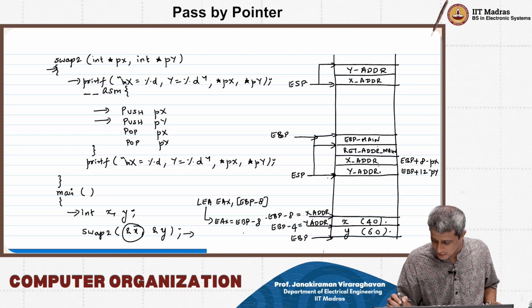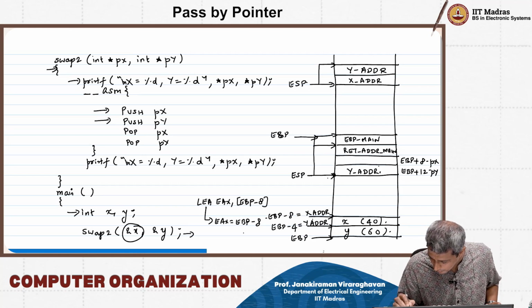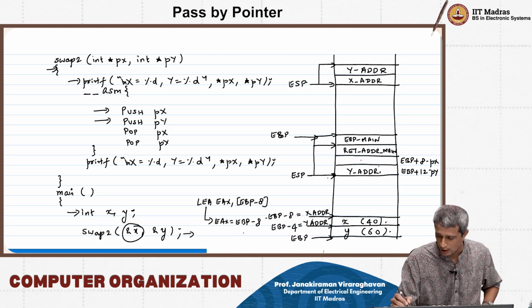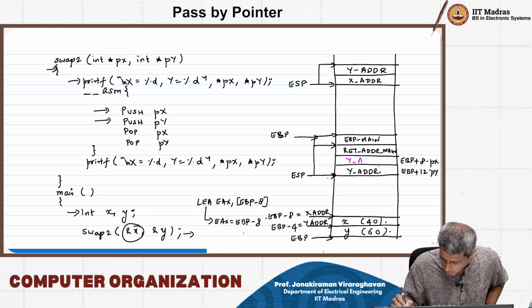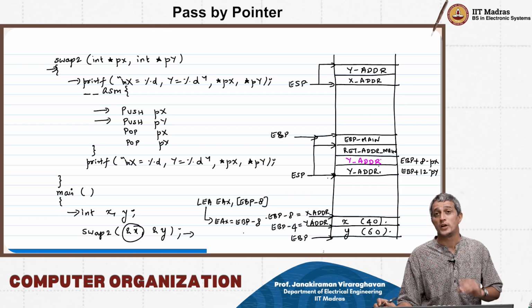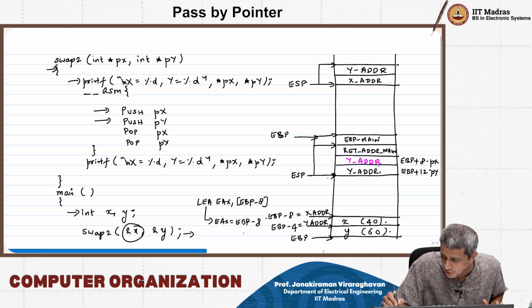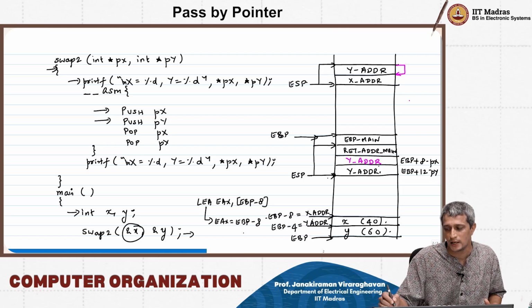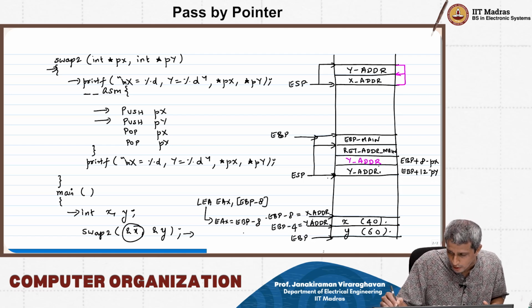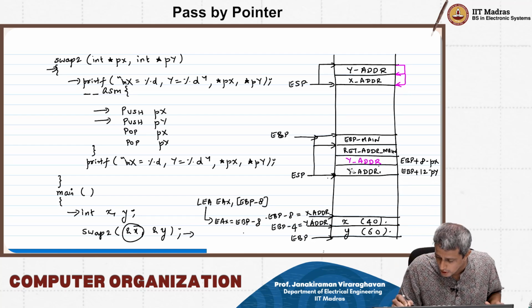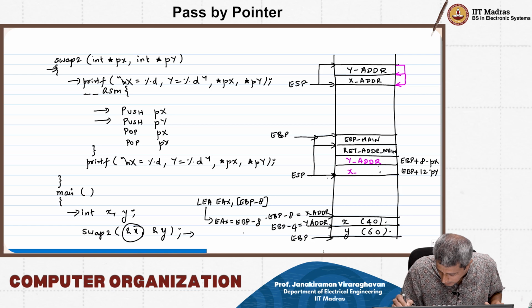So this will become Y_address. So in EBP plus 8, the value of Y address has got written, and the stack pointer will come back here. Then you do another pop, the contents of top of stack, which is X address, will come here, so X_address.